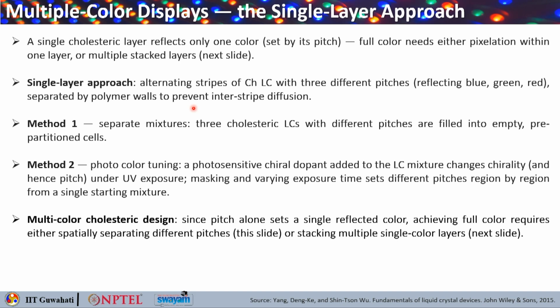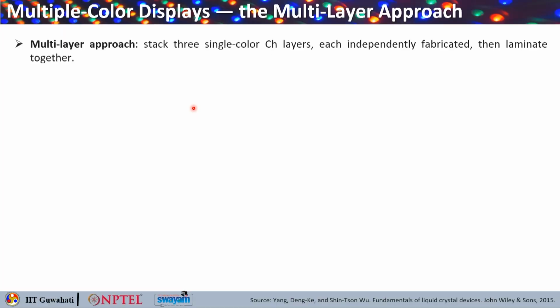So when you talk about the multicolor cholesteric design, since the pitch alone sets the single reflected color, achieving full color will require either separating different pitches, which we have seen here, or stacking multiple single color layers together. This is the multi-layer approach towards achieving a multicolor display.